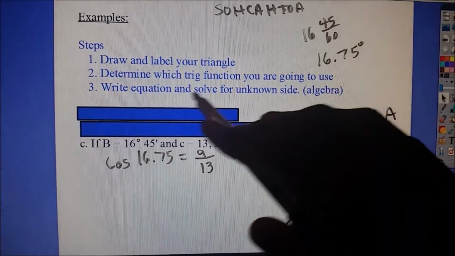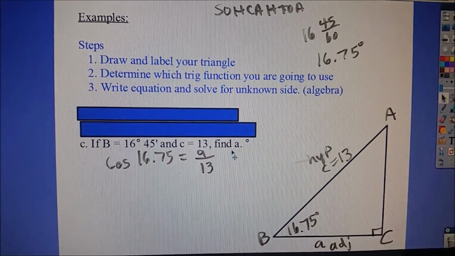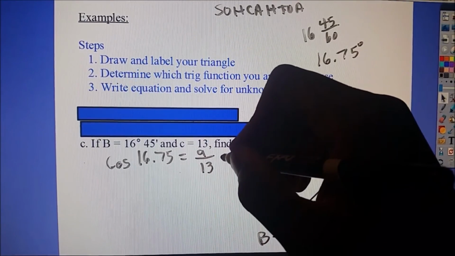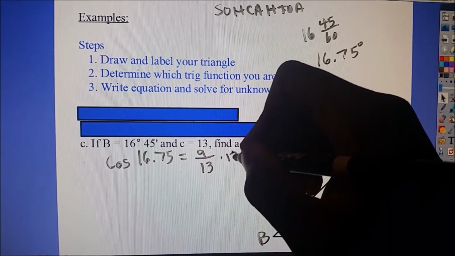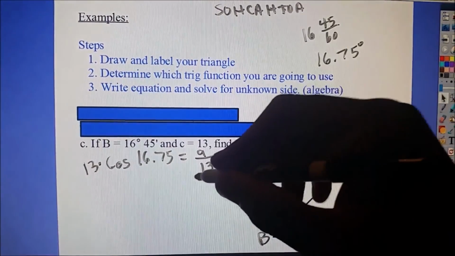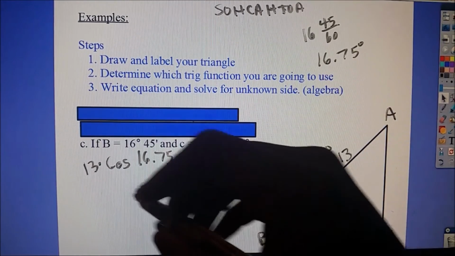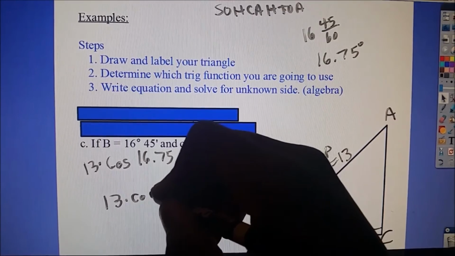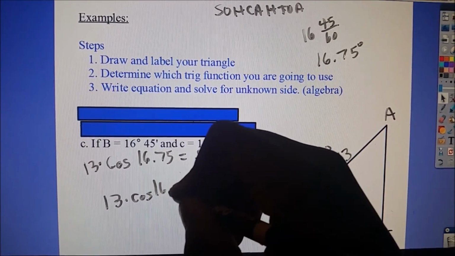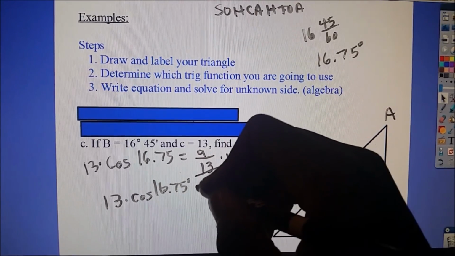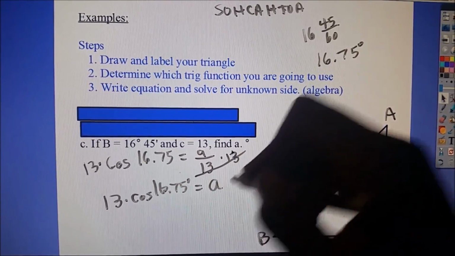As always, step 3, solve for the side using algebra. So we're going to multiply both sides by 13. Cross out, and now you have 13 times cosine of 16.75 degrees equals little a.